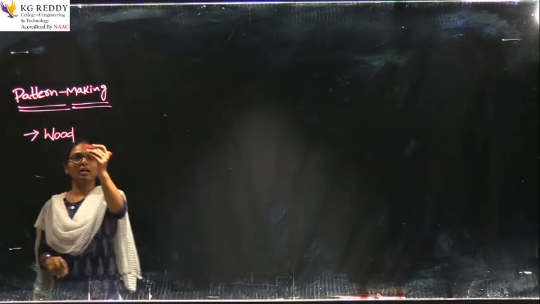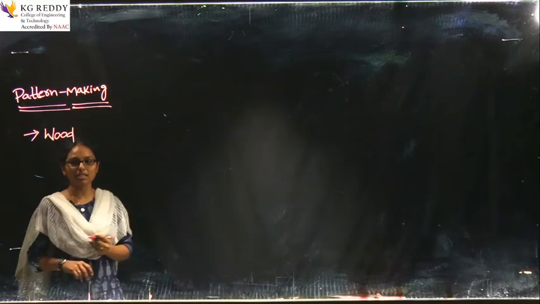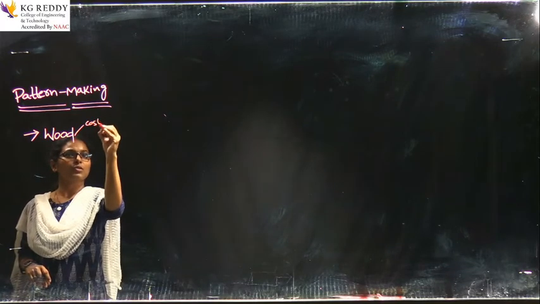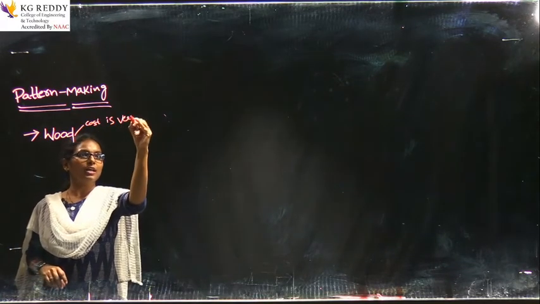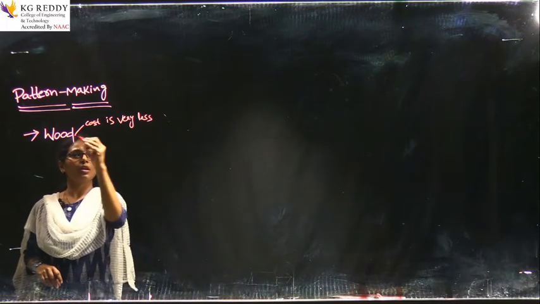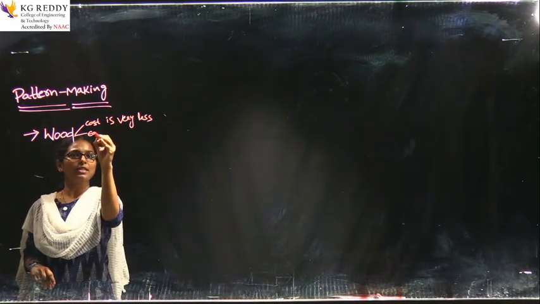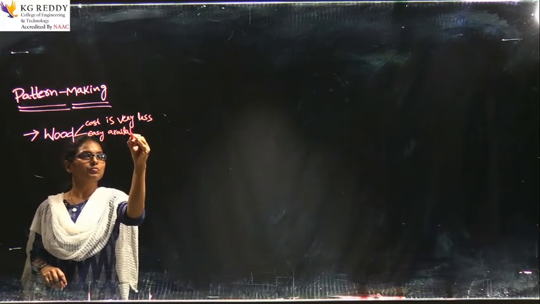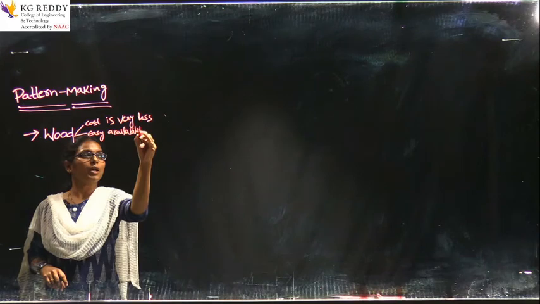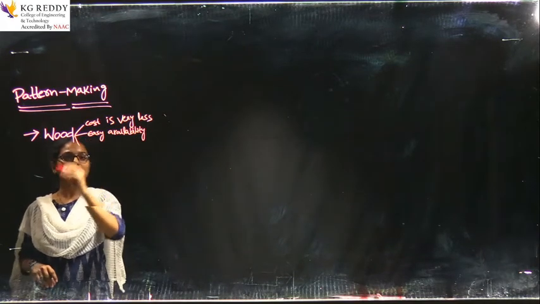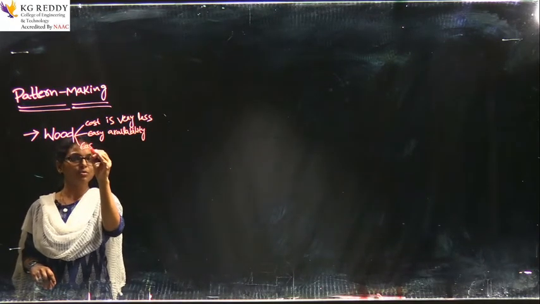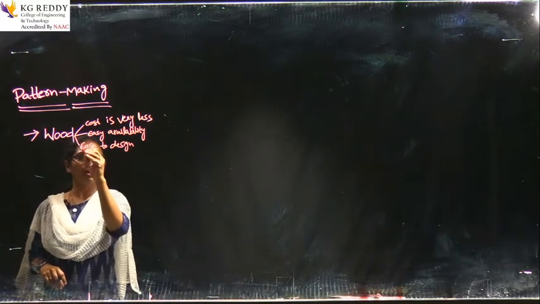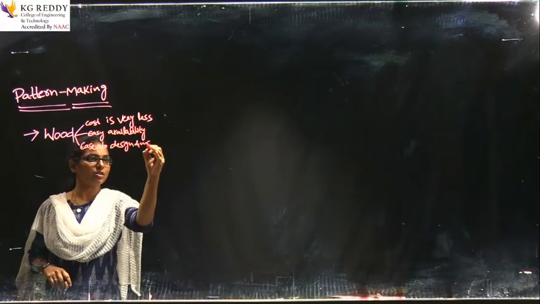Because the availability of the material is very high and the cost is very low, and the major thing is it is very easy to design and very easy to manufacture.